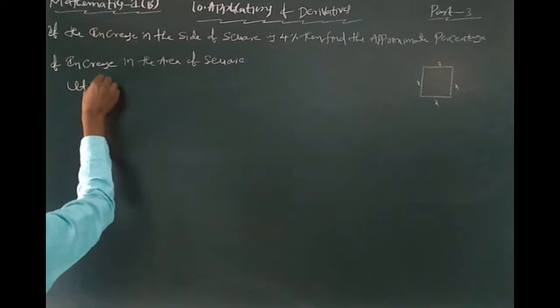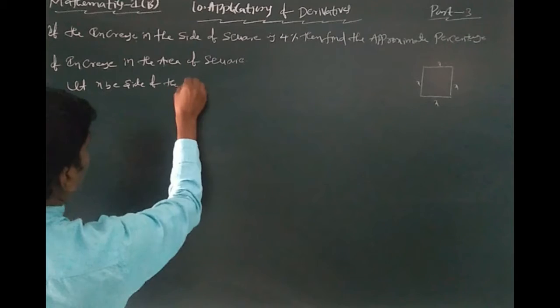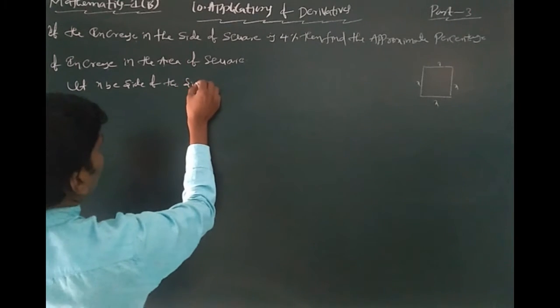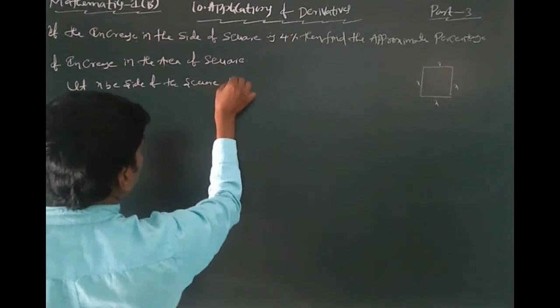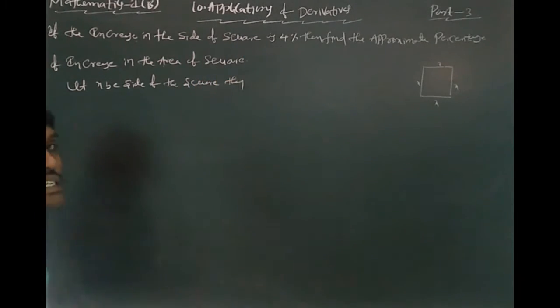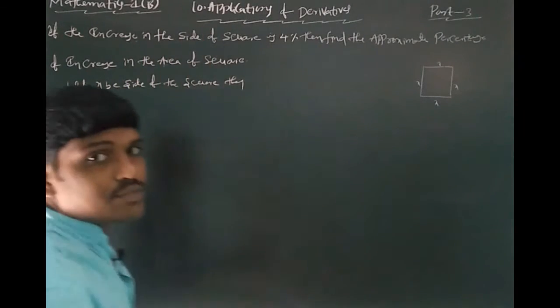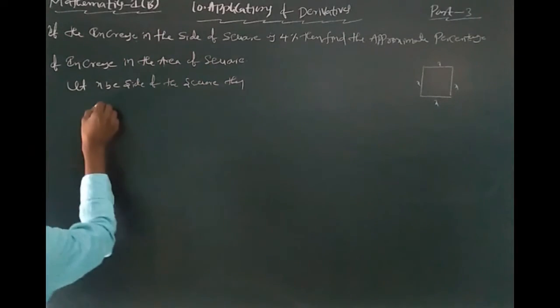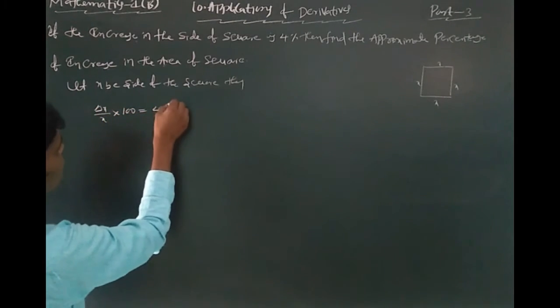Suppose let x be the side of the square. Then the increase in the side of the square is here 4%. The percentage increase of the side of the square is nothing but delta x by x into 100. That is nothing but percentage error.